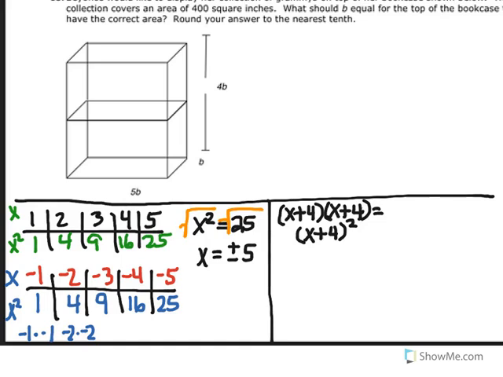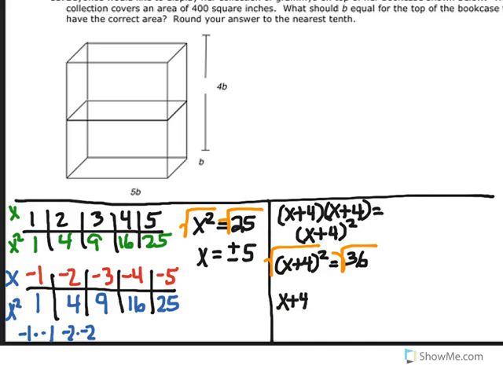So how does that come in handy? Well, let's say I have x plus 4 squared, and I say it equals 36. We want to undo the square, so I'm going to take the square root, and the square root of x plus 4 squared is just x plus 4.